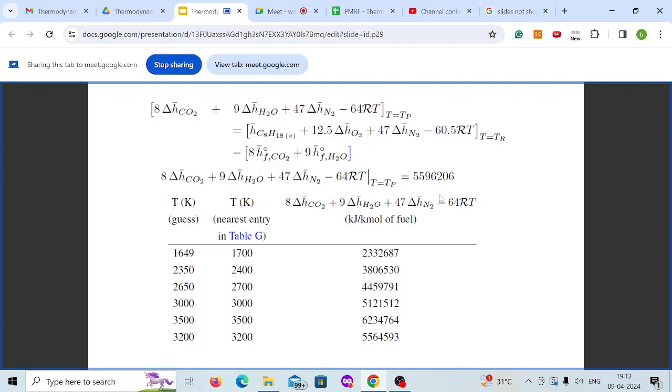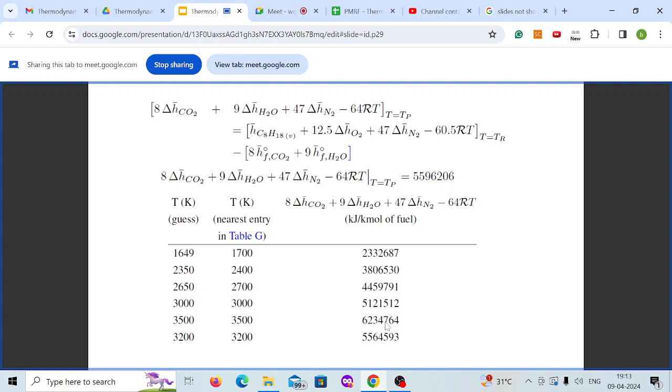59791. Even now this is less, so you take 3000, and you get 5121512. Now also it's less, so you take a higher value, 3500, and you get 6234764.